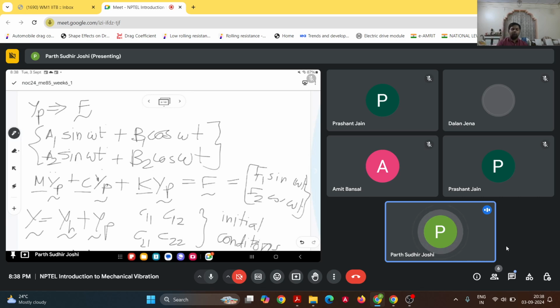So since there are four constants, we need four initial conditions. So we basically need y1 of 0, y2 of 0, basically the displacements, and velocities y1 dot and y2 dot at time t equal to 0.